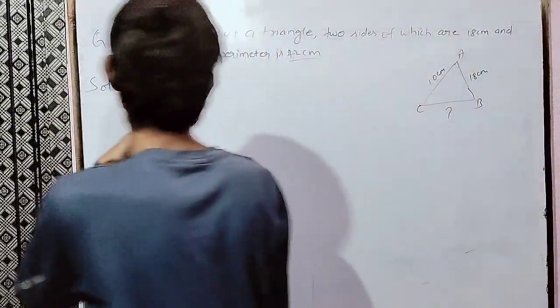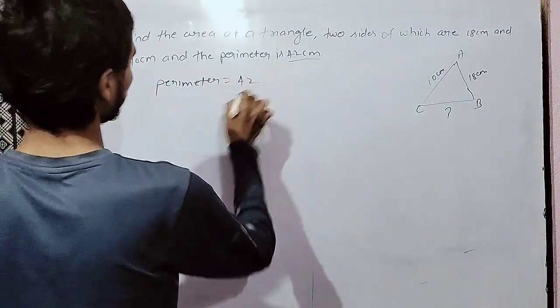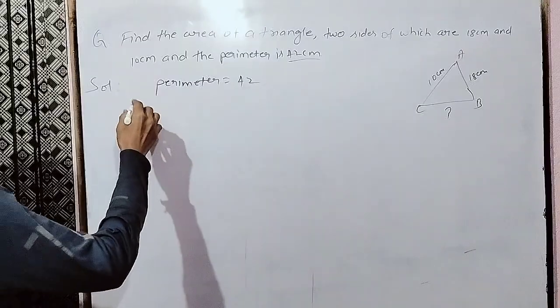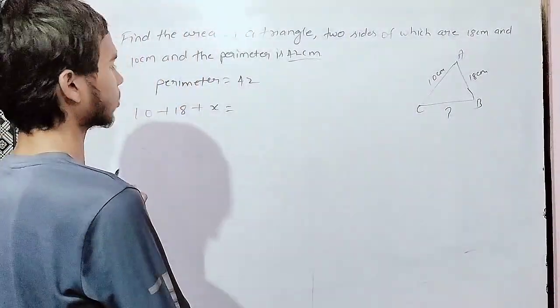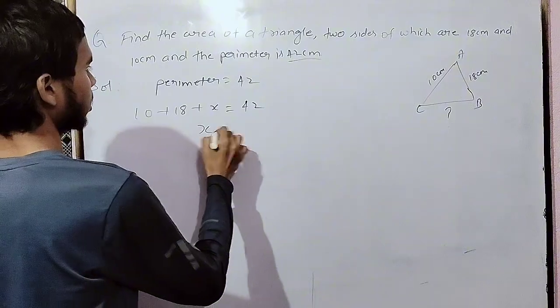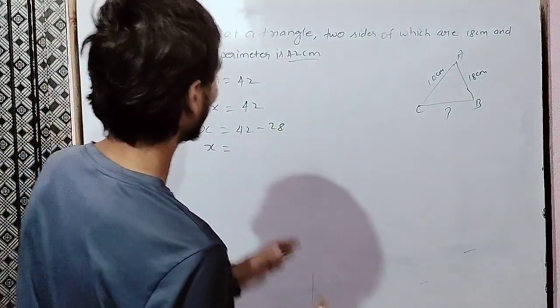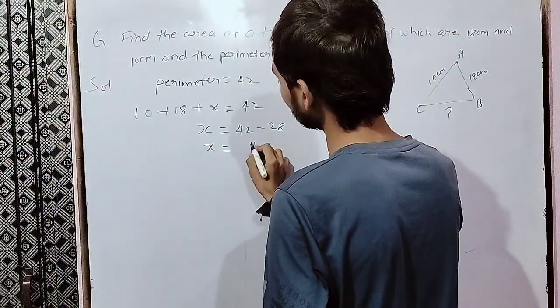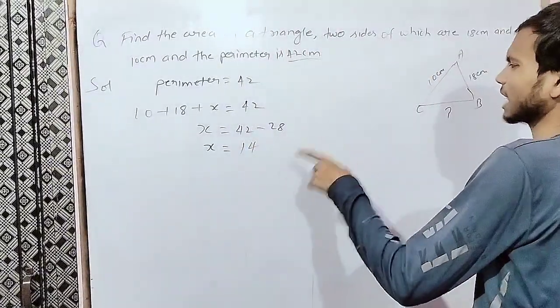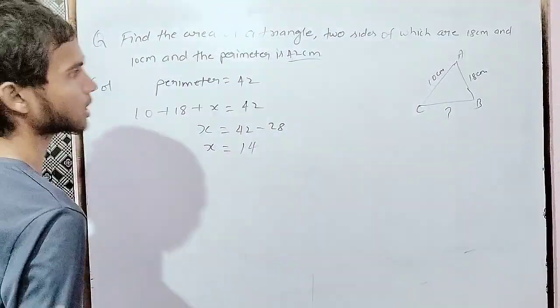We can find this. So the perimeter is 42. We know that this is 10 plus 18 plus, we can use a variable x for the unknown number, equals 42. Now 42 minus 28, that is 14.